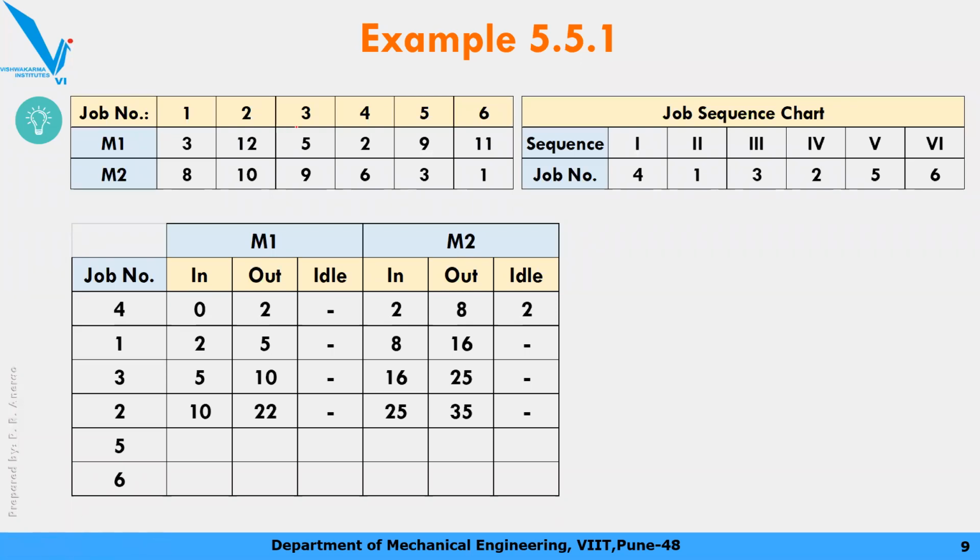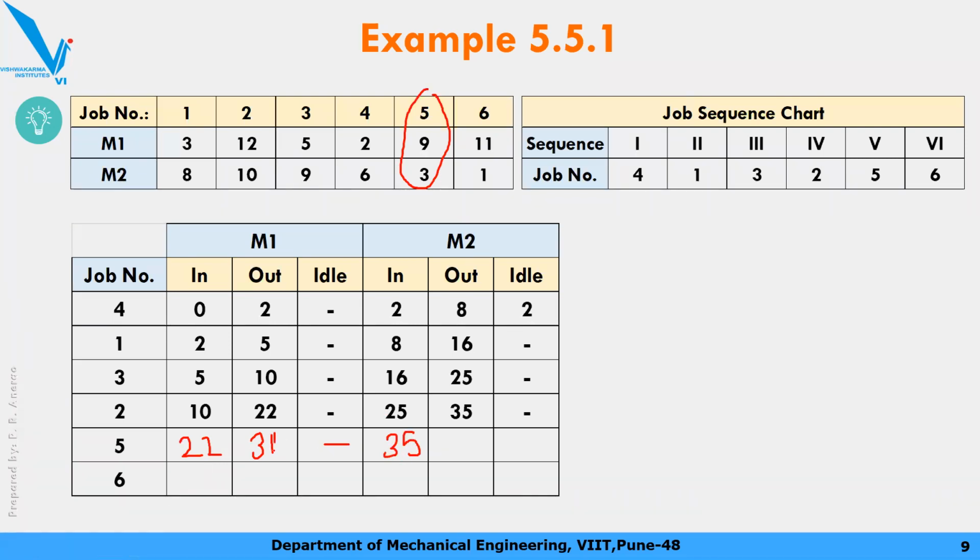Now job number 5 will come in the picture. So at 22, job number 5 will enter on machine number 1. It is going to take 9 hours to complete. So at 31, job 5 will be over on machine number 1. Idle time 0. It will enter on machine number 2 at 35.